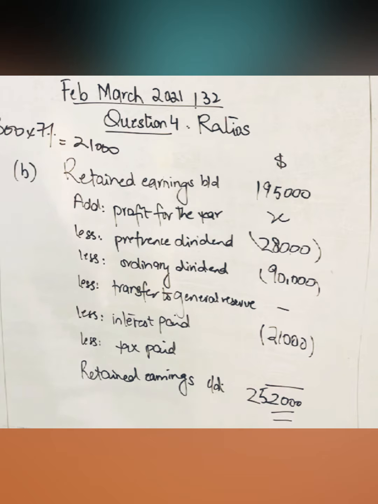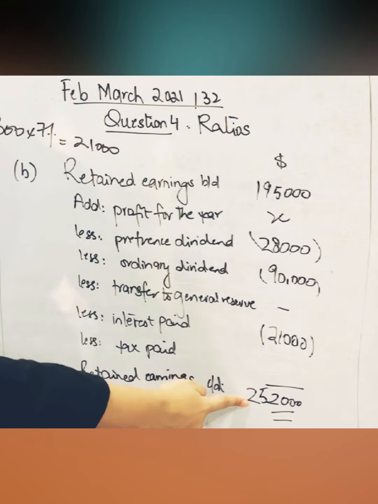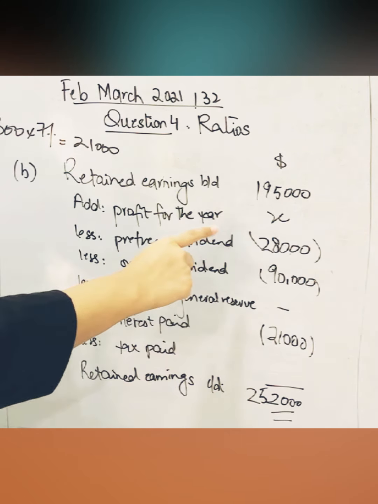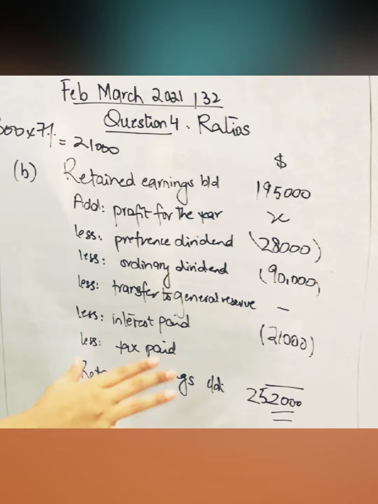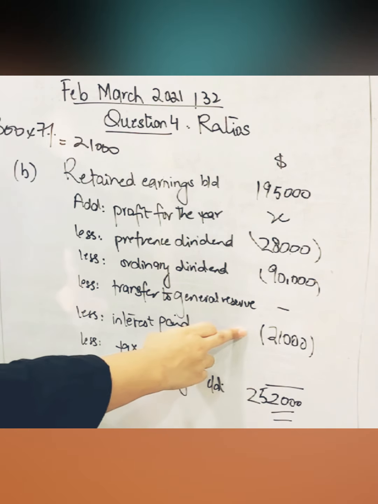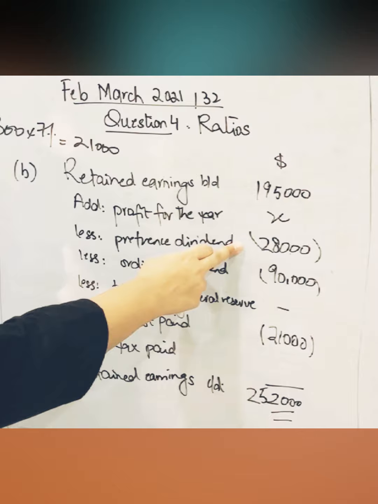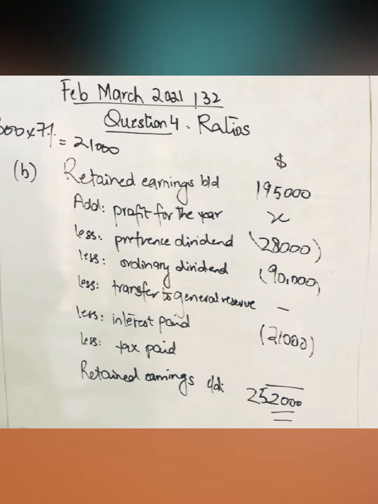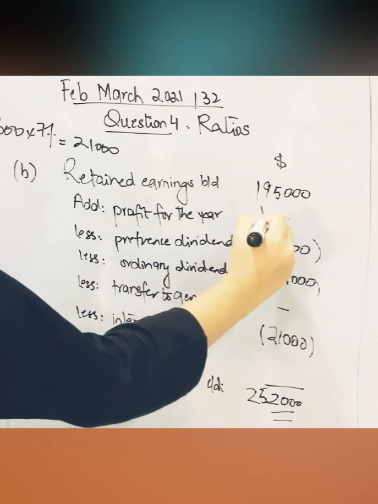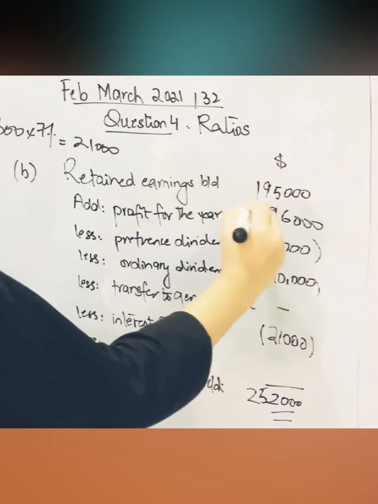I told you in the last video that from 252,000 you add those which are being subtracted, and you deduct those which are being added. So 252,000 plus 21,000 plus 90,000 plus 28,000 minus 195,000 gives you the profit from operations as 196,000. So this was the missing figure that you were supposed to find.